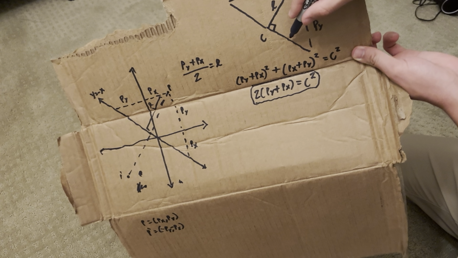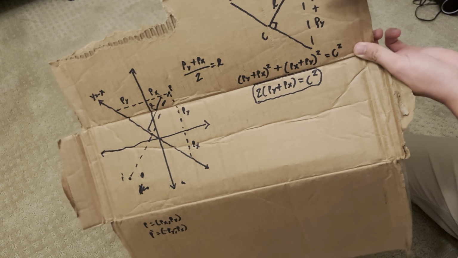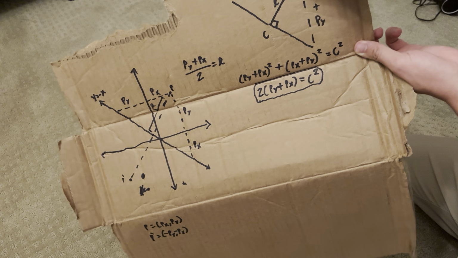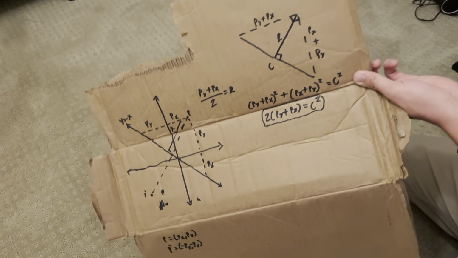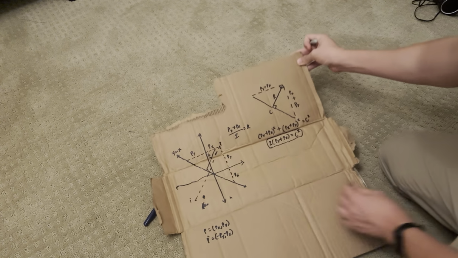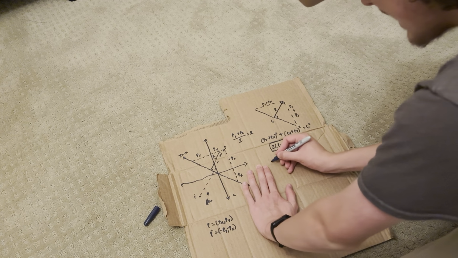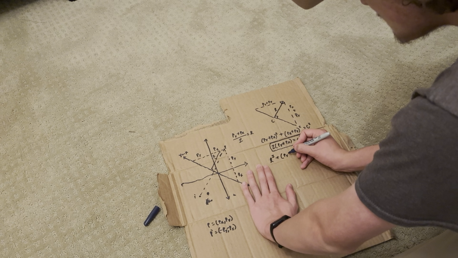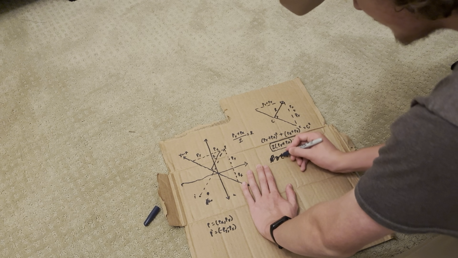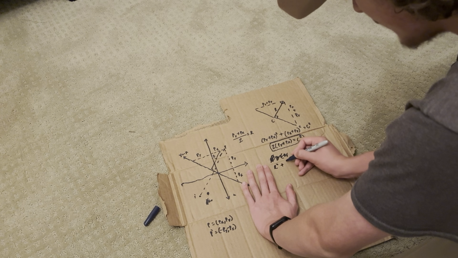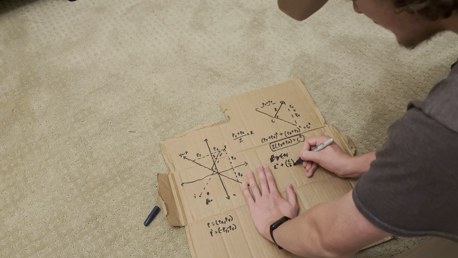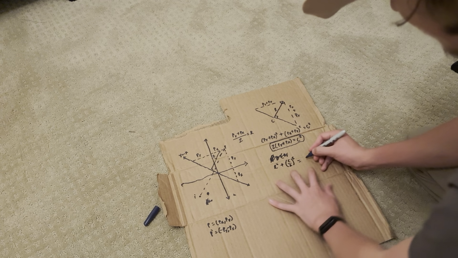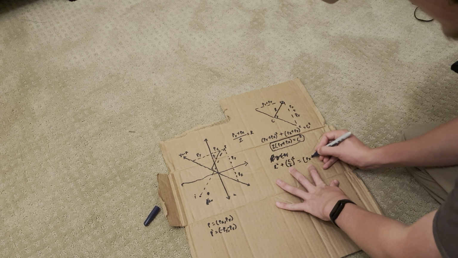So this is c over 2, that's L, that's Px plus Py. So we have a second right triangle. Oh my god. So that means L squared plus c over 2 squared equals Px plus Py squared.